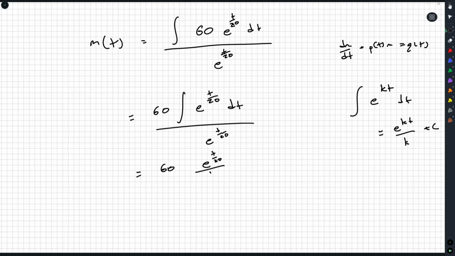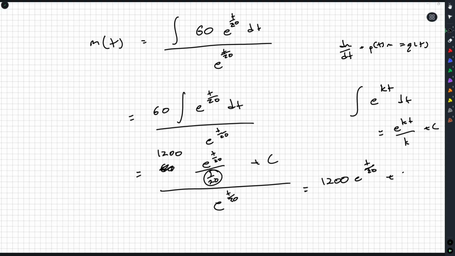Don't think it's just the 20, otherwise 60 over 20, you'll think it's a 3, and you won't even bat an eye at it. Plus c, all over e to the t over 20. Dividing by 1 over 20 is the same as multiplying by 20, so it's going to be 1200. And we'll have 1200 e to the t over 20 plus c over e to the t over 20.